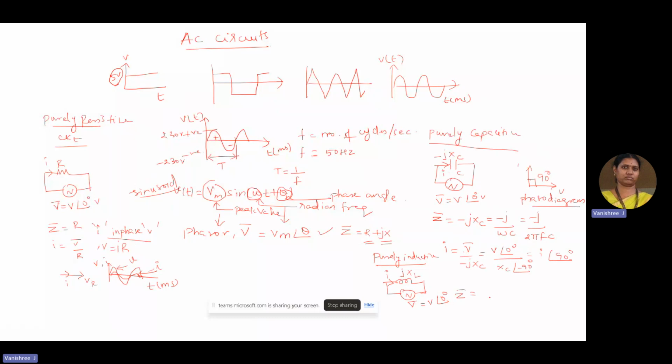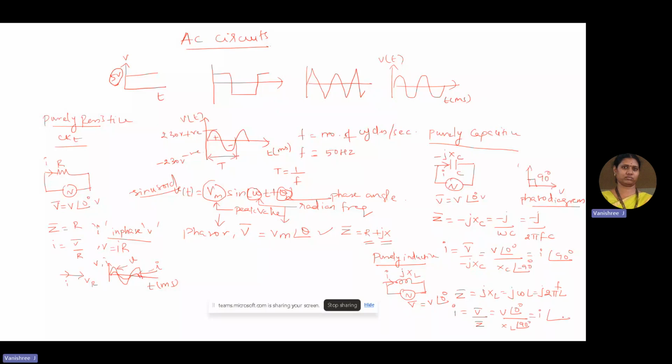So Z is equal to j XL, where it is equal to j omega L, which is j into 2 pi f L. So now the current I can be given by V divided by Z, which is equal to V angle 0 divided by XL with an angle of 90 degrees.